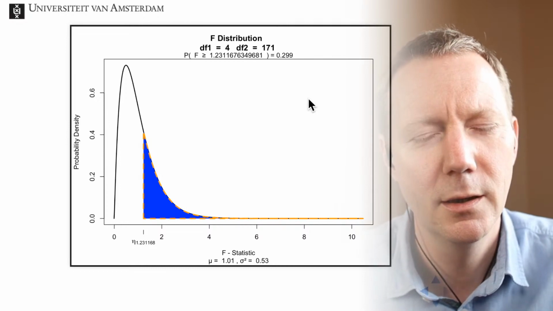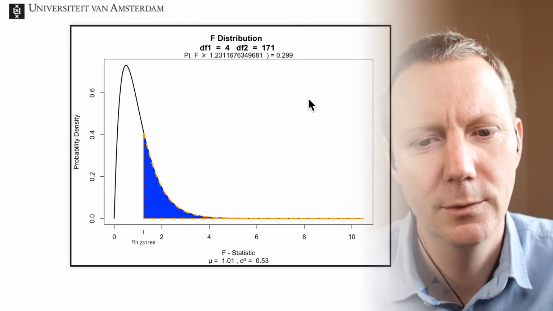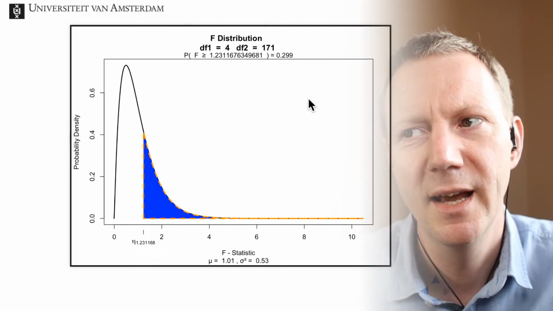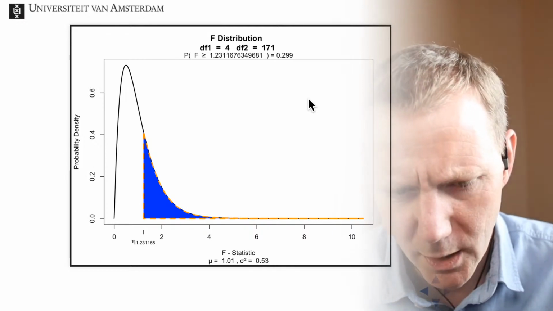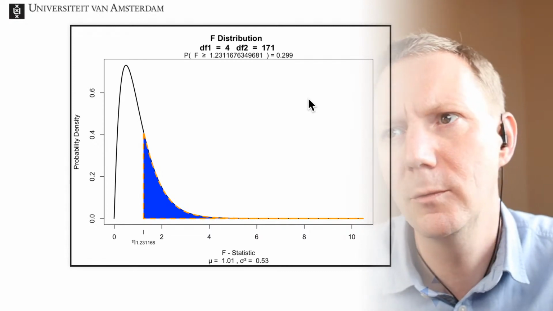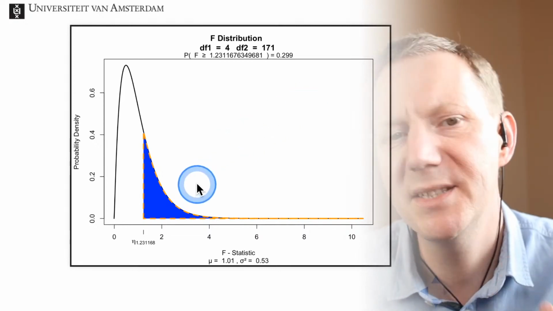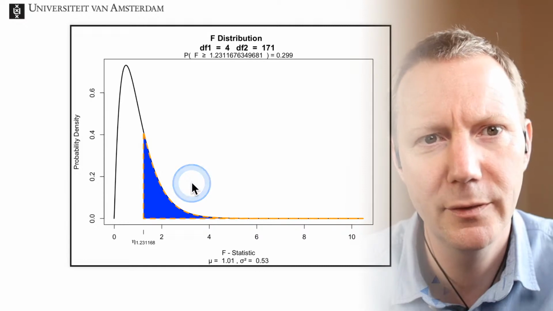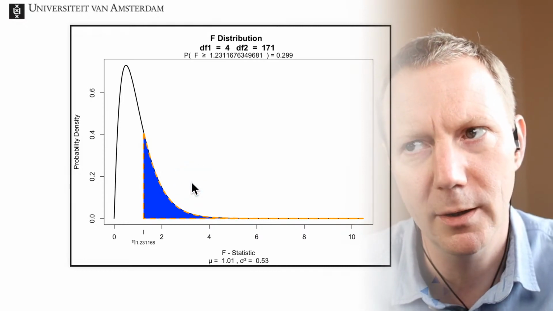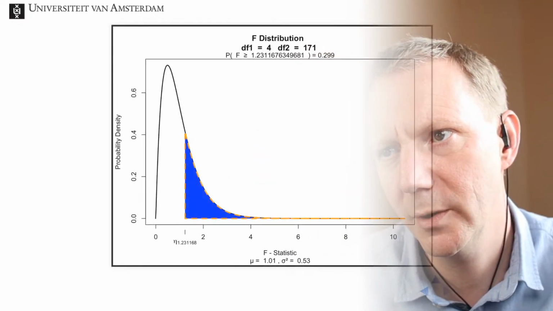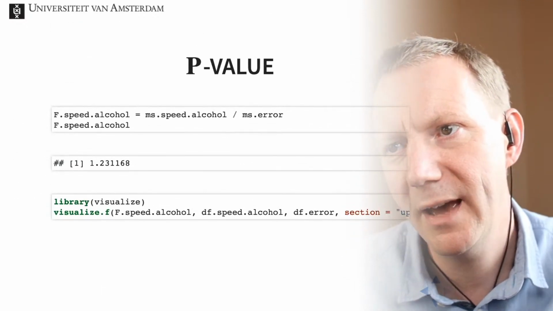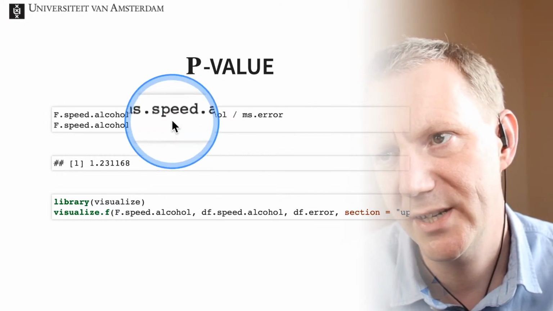what does this mean? It's not significant. It's not significant, and in terms of what we're looking at, it means that there's no significant interaction going on, because we were calculating the F value for the interaction term.